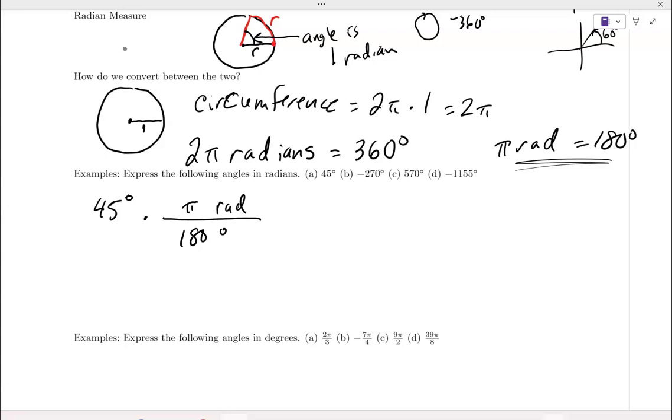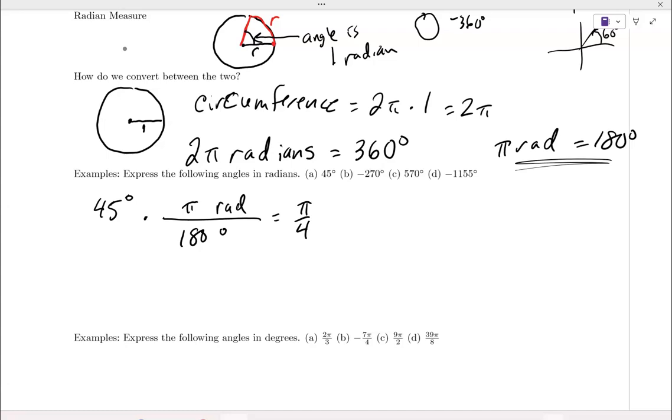45 goes into 180 4 times. Pi over 4 radians. Now, radian is unitless. We say radian is a type of measure, but there's not a unit to it. So if you're talking about an angle and there is no unit symbol attached, in particular, if the little degree symbol is not there, the angle is assumed to be in radians.